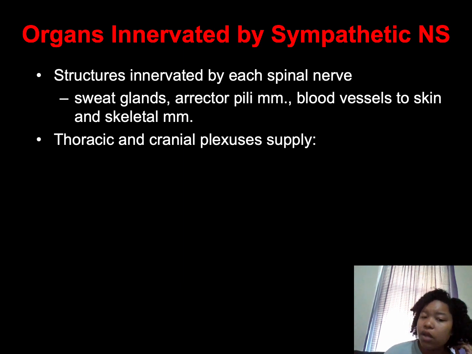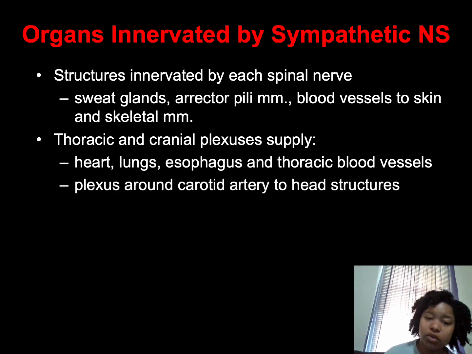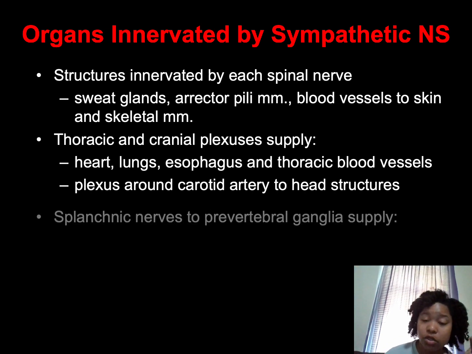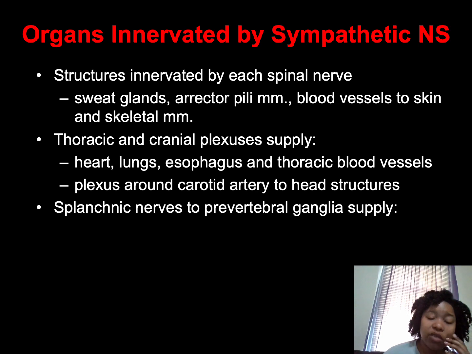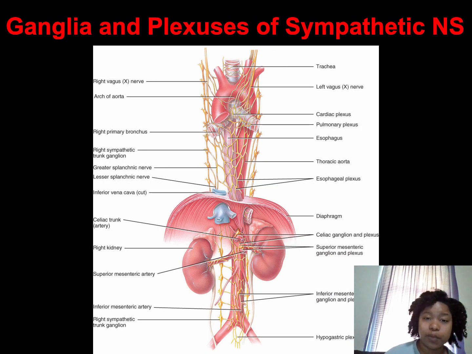And then you have the thoracic and cranial plexuses, and those supply the heart and the lungs, the esophagus, and thoracic blood vessels. Then there are plexuses around the carotid artery to the head structures. And then you have splanchnic nerves that go to prevertebral ganglia, and they supply the GI tract from the stomach to the rectum, the urinary and reproductive organs.